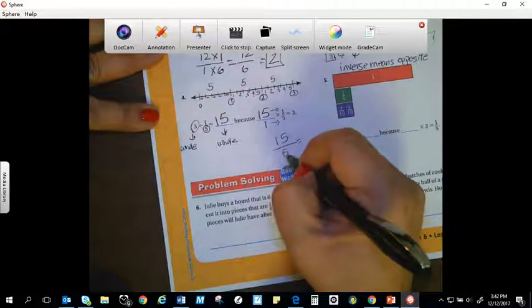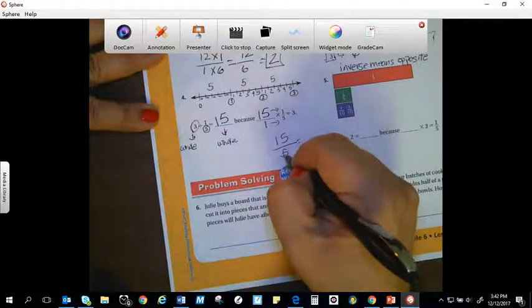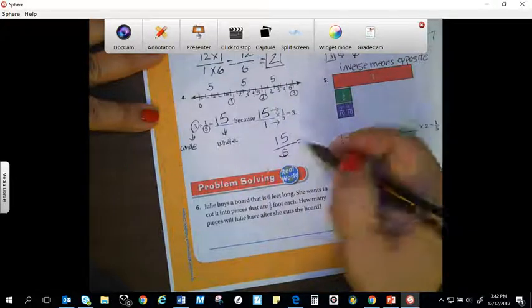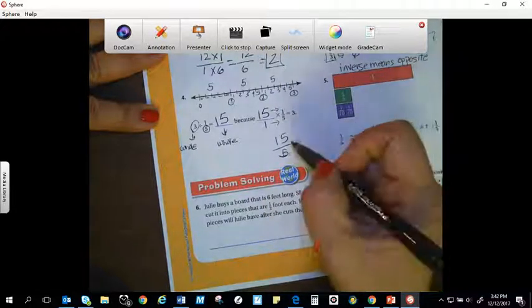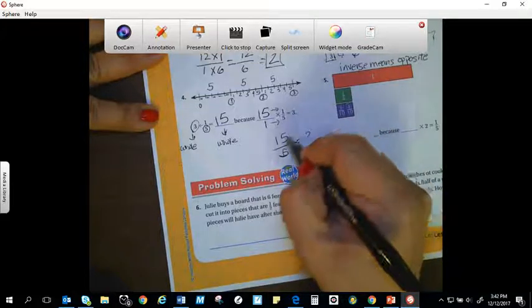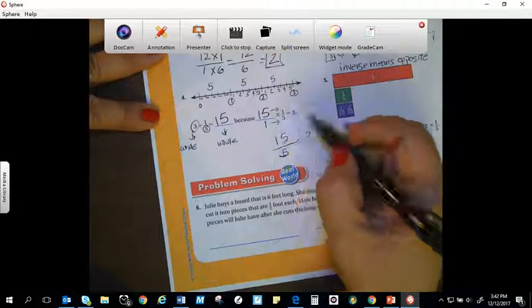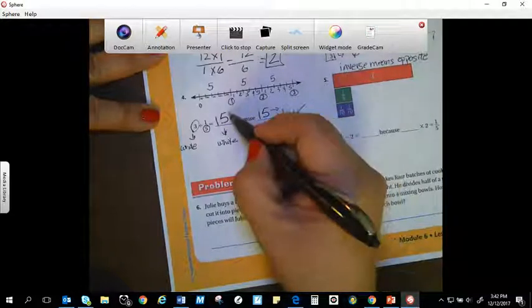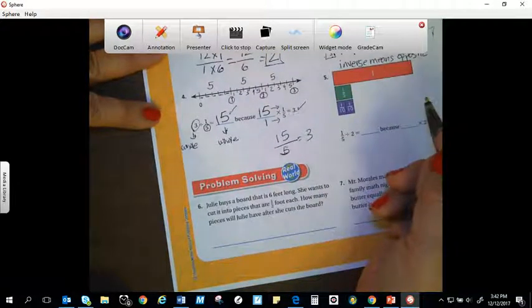How many groups of 5 go into 15? 3 groups of 5 go into 15 equally. And so I know that my answer is correct here as well as in here because they balance each other.